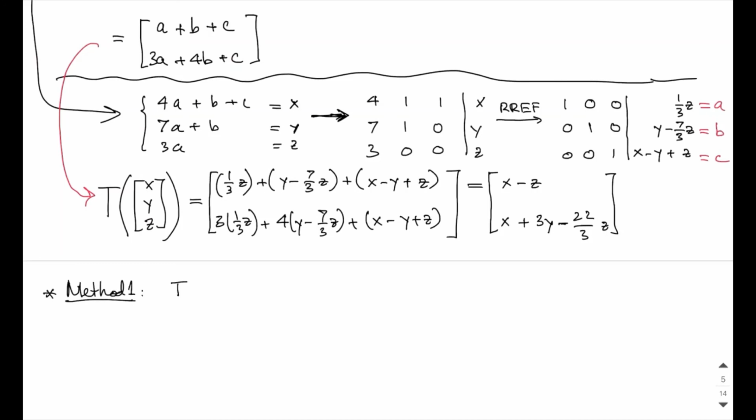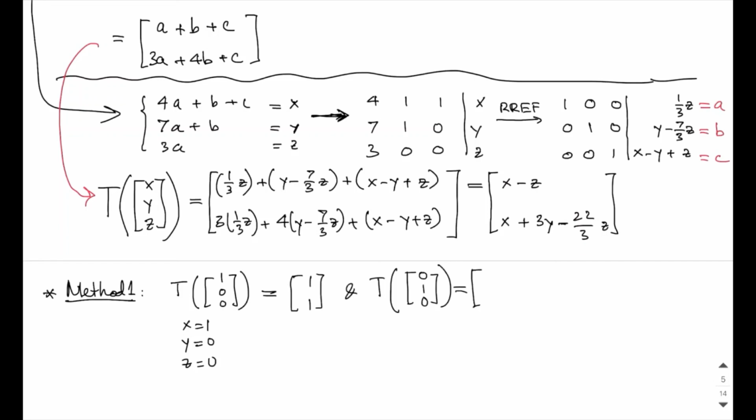We compute T of (1, 0, 0), knowing that x is 1, y is 0, and z is 0. So you replace x being 1, y and z are 0. You are going to get (1, 1). And then you repeat that with (0, 1, 0).